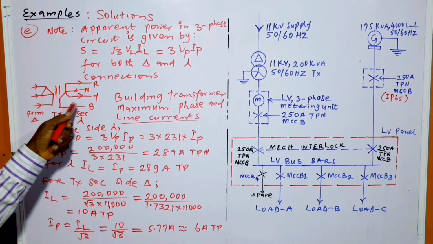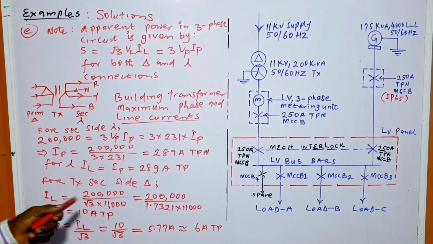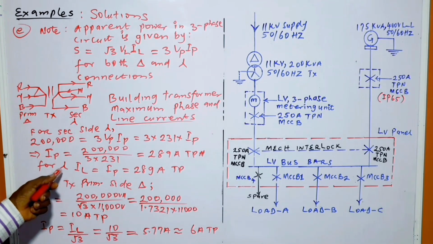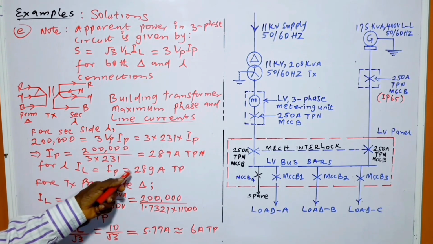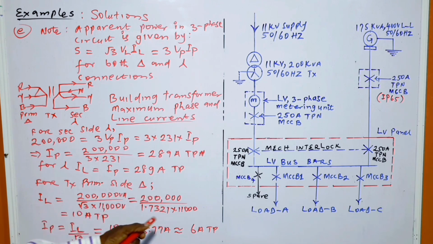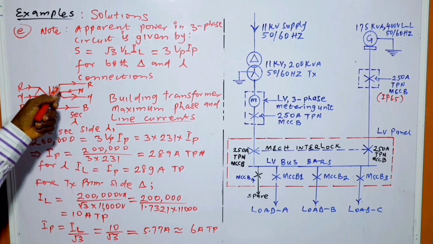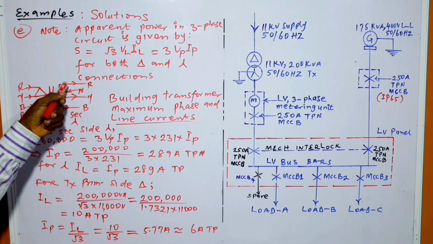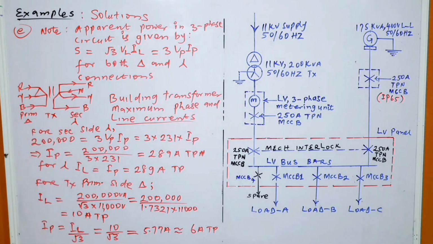We have the three phases and then the neutral here. Alright. For star connection, I line is equal to I phase, which is equal to 289 ampere in this situation. What we are saying here is that the line current is the same as the phase current.